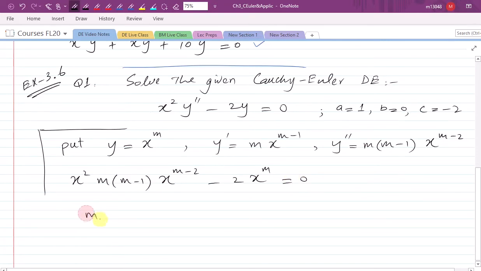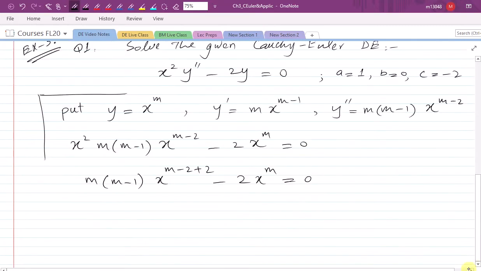The x power 2 and x power m minus 2 add up to make x power m, and we get m times m minus 1 minus 2, into x power m.